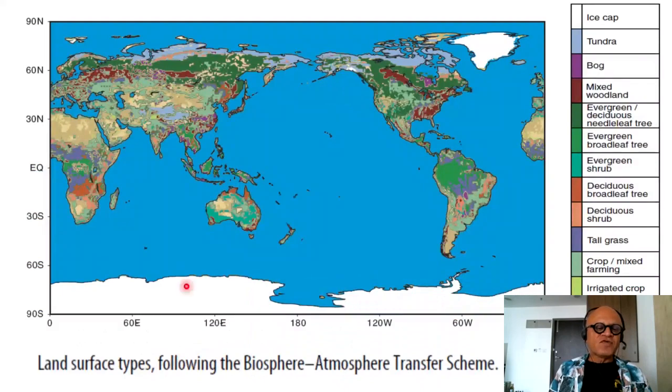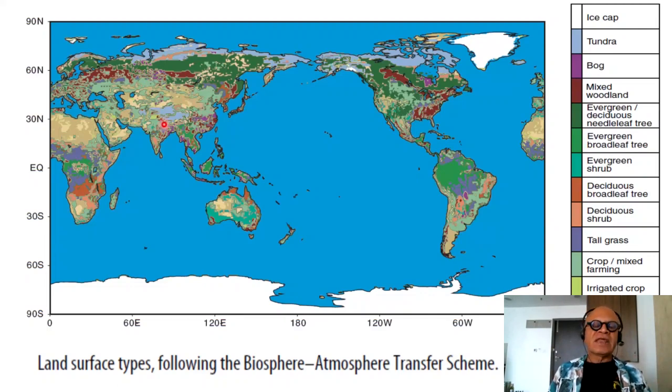You also have to, of course, prescribe land surface types following biosphere atmosphere transfer schemes, which include things like ice cap, tundra, bog, mixed woodland, evergreen, deciduous, and so on. Getting data at high enough resolution to prescribe them is hard enough, even if you want to use them as fixed in time, which is not accurate.